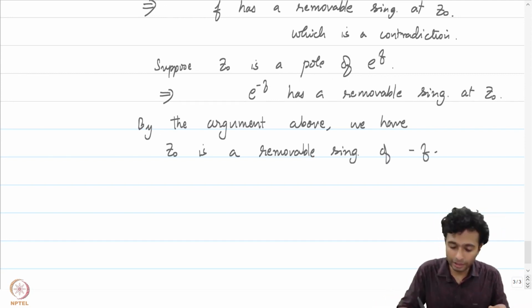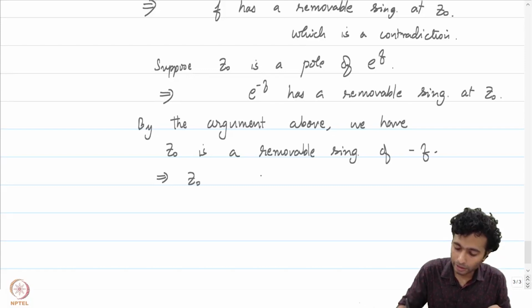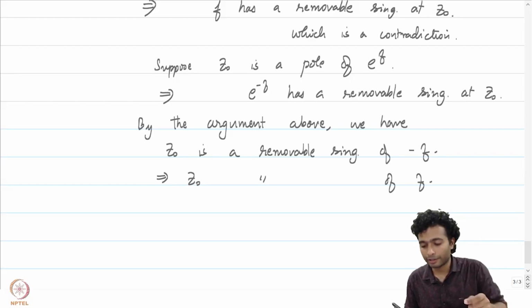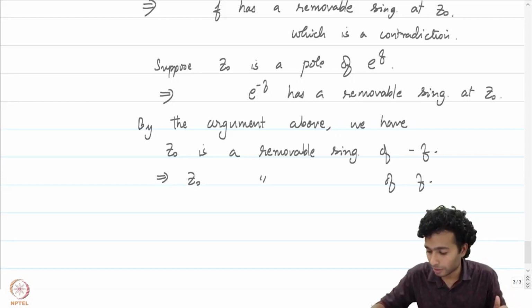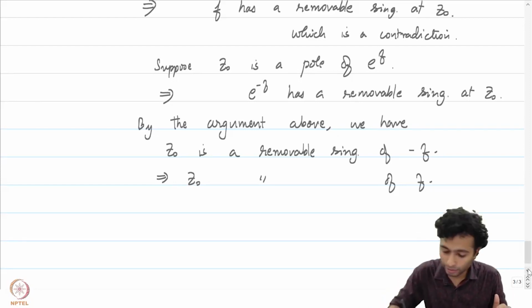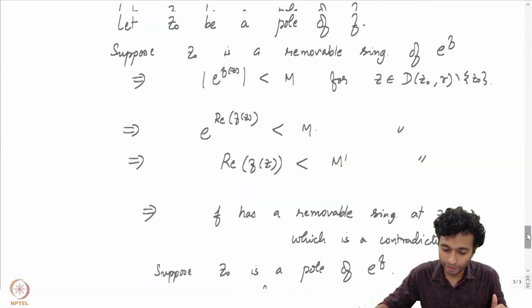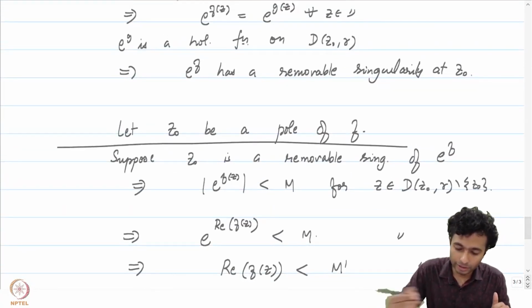But then that would imply that z0 is a removable singularity of f as well. But that's going to be a contradiction to the assumption that z0 is a pole, right? We started off with the assumption that z0 is a pole.